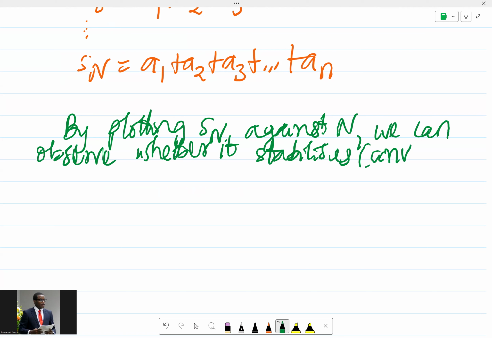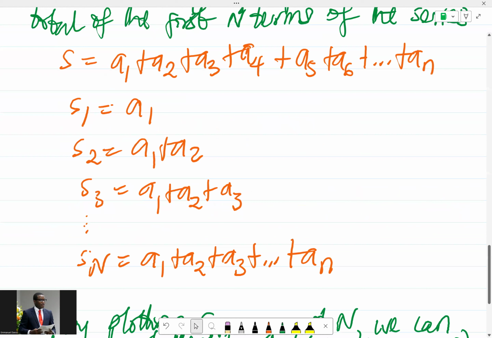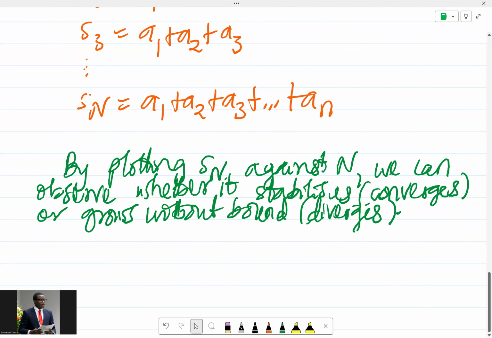Stabilization means it converges, or grows without bound, meaning that it diverges. So can we take an example of this kind of visualization I just talked about?